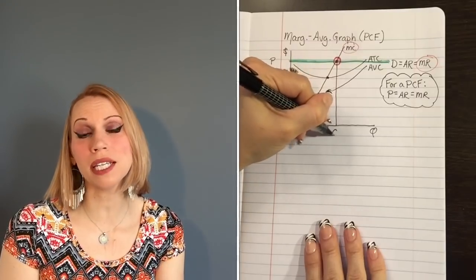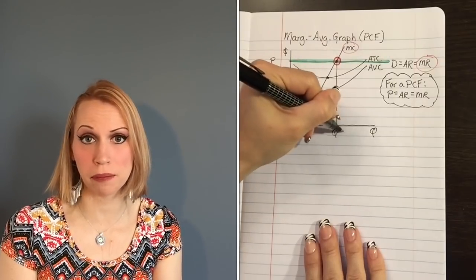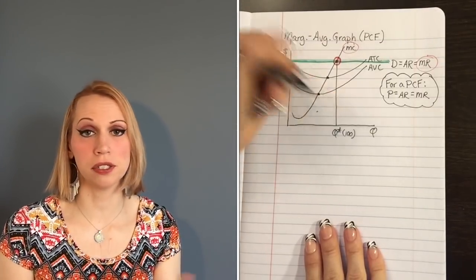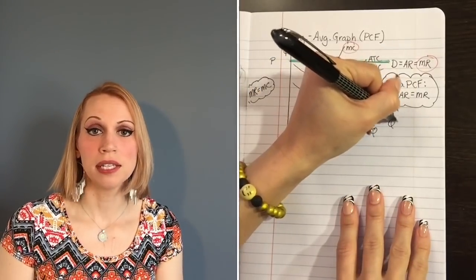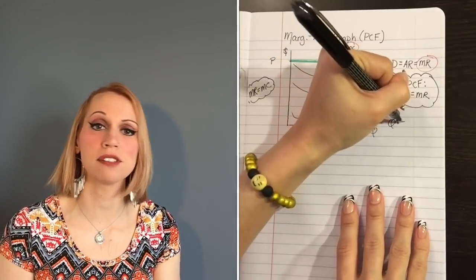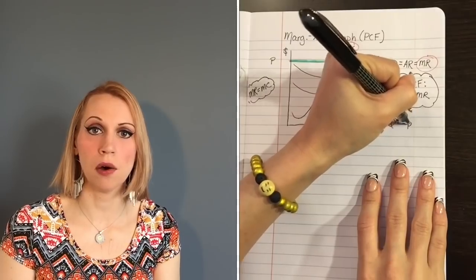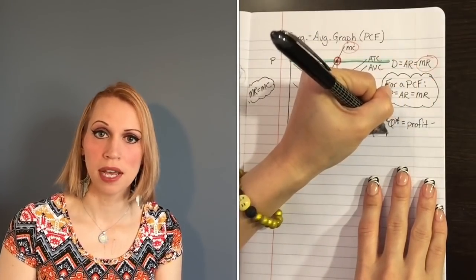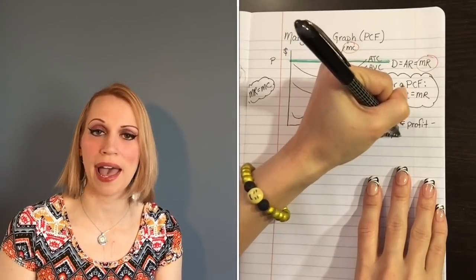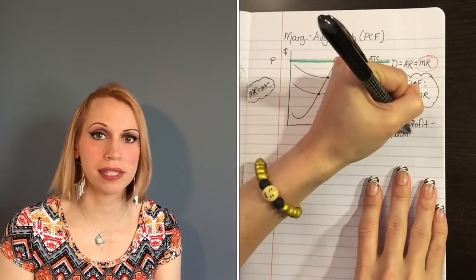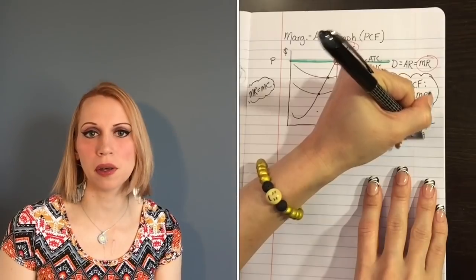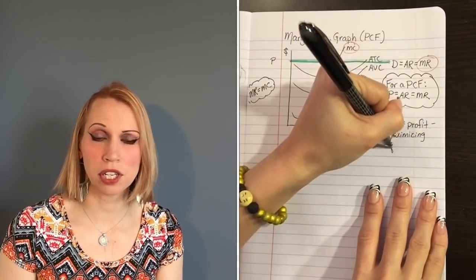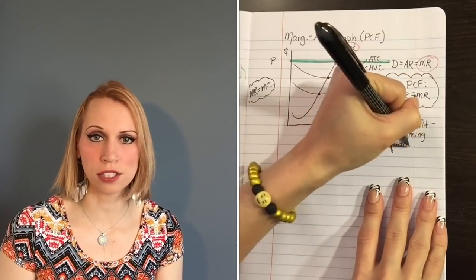And this is really, really important to perfectly competitive firms. If you're a business and you're trying to maximize your total profit, then you have some control over your price and you have some control over your quantity. Oh, but wait. Perfectly competitive firms don't have control over price. They can't change anything on that y-axis. Why? Because they're a price taker. They're so small compared to the whole market that if they try to change their price, then they're just going to lose all their customers.